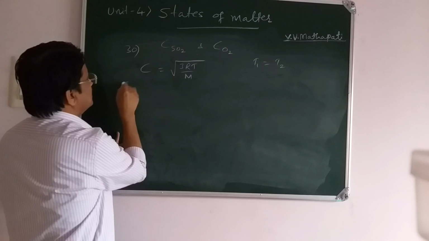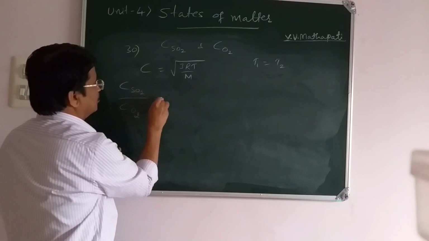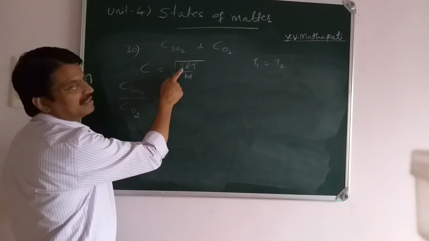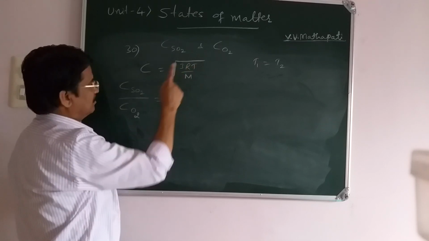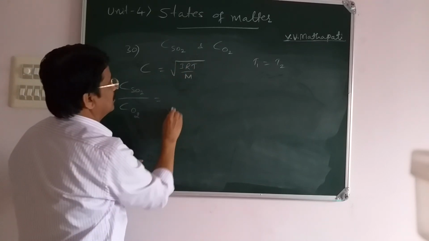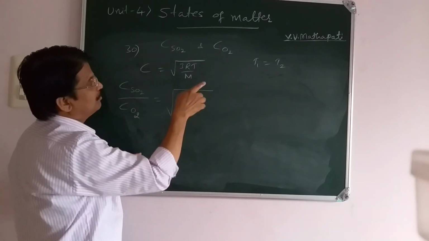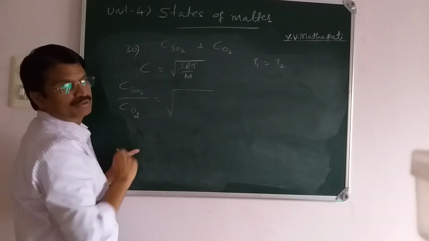You write C of SO2 by C of O2 equal to, take the ratio. 3R is the same, T1, T2 same. Therefore, M2 by M1 is O2 by SO2 or SO2 by O2?